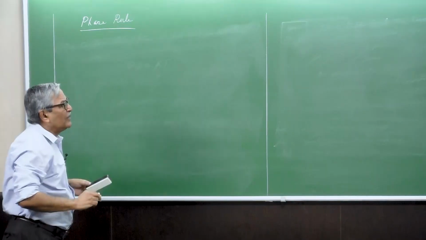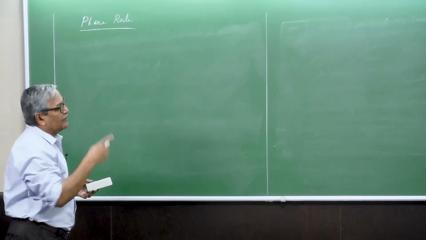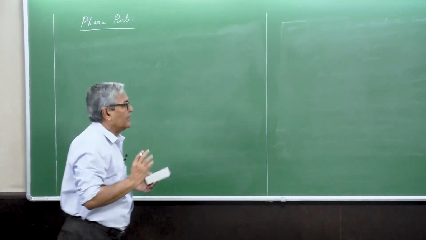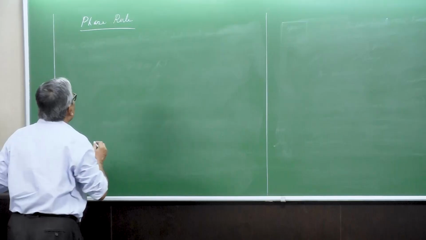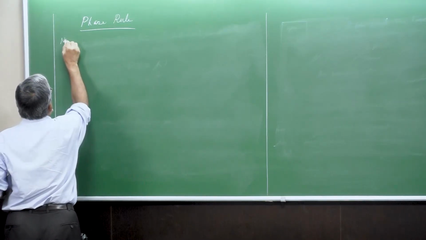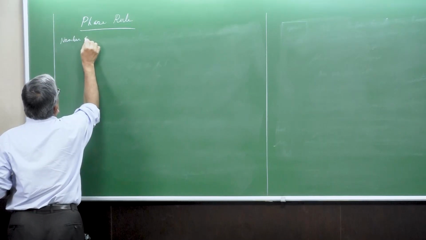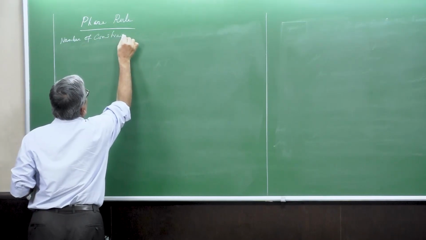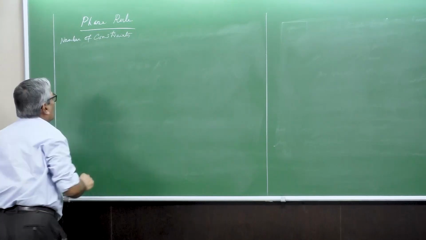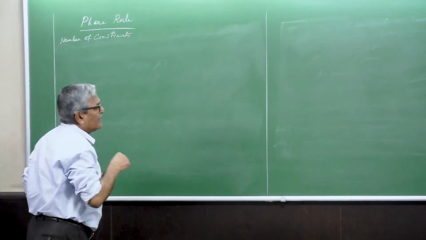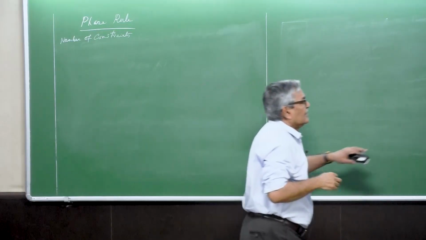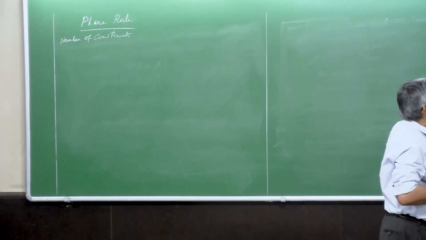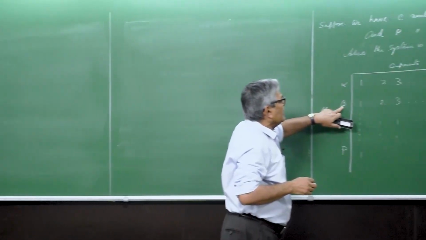Now let us check how many constraints are there. The number of variables is Cp plus 2. Now how many constraints are there? The variables, say 1, 2, 3, can be in the alpha phase or in the beta phase.